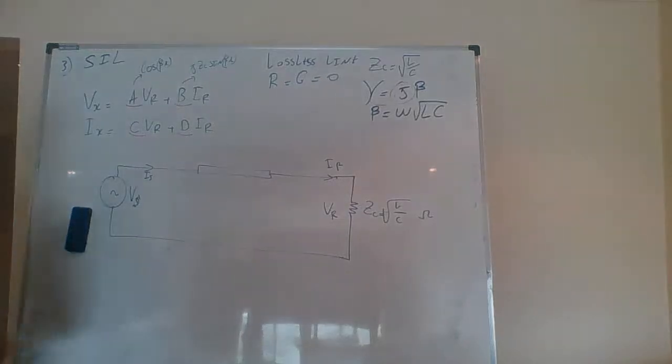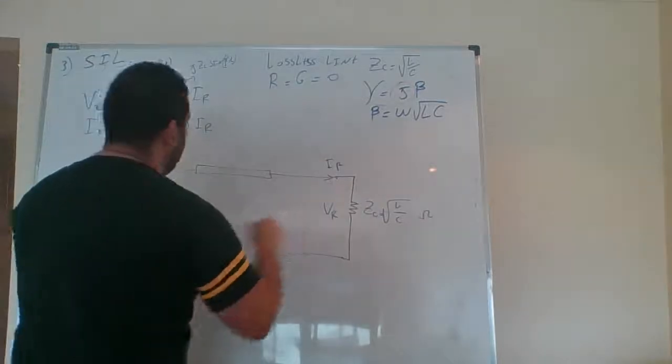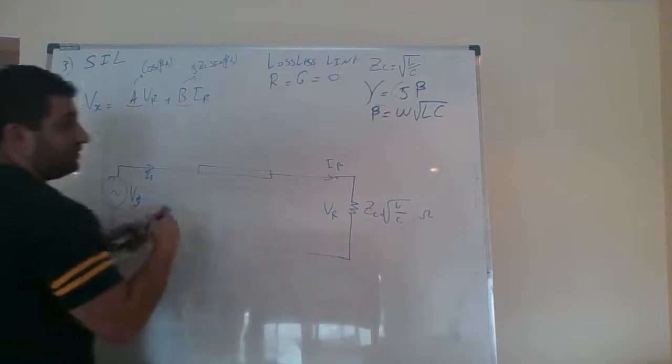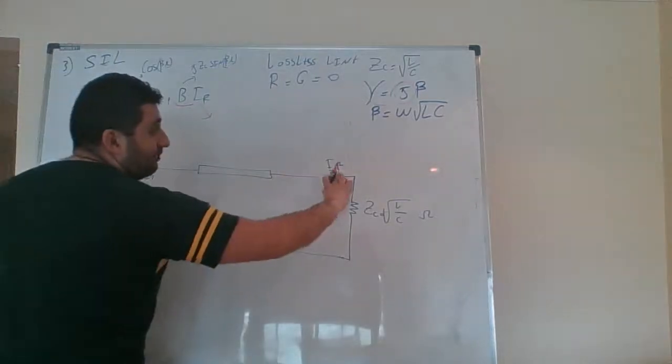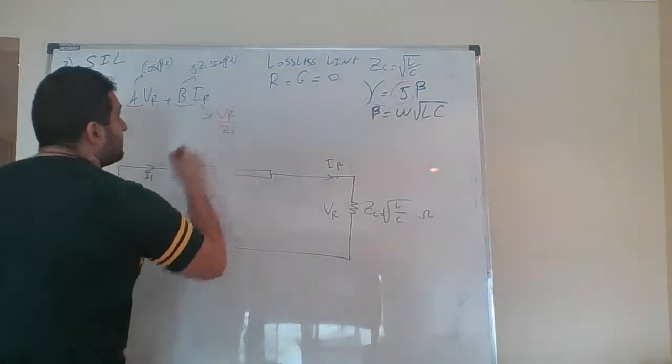Okay. What's IR equal to? IR is VR divided by Z. From this circuit, IR is equal to VR over Zc.